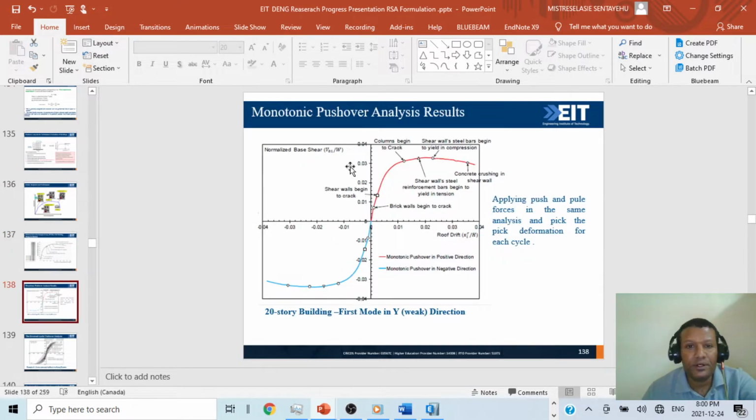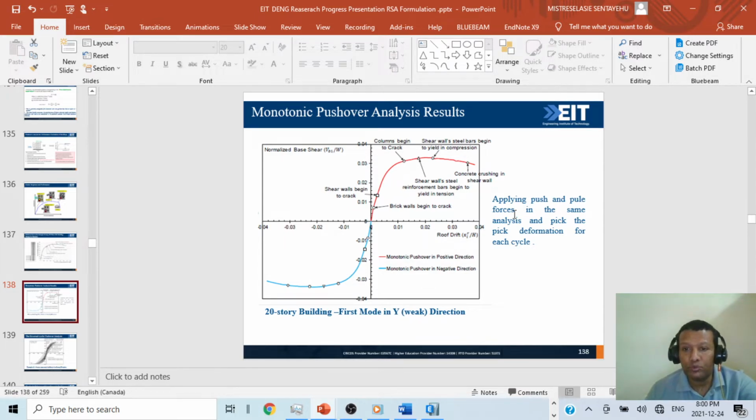This one is a monotonic pushover analysis result. As we have discussed, this is the roof drift, and this is the normalized base shear. So base shear with roof drift is constructed, but this time it was performed in the positive and negative direction. This is a 20-story building. First mode in the y direction was applied.